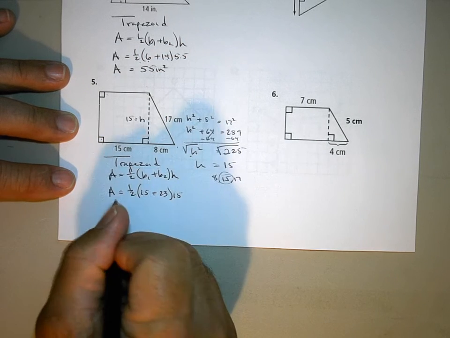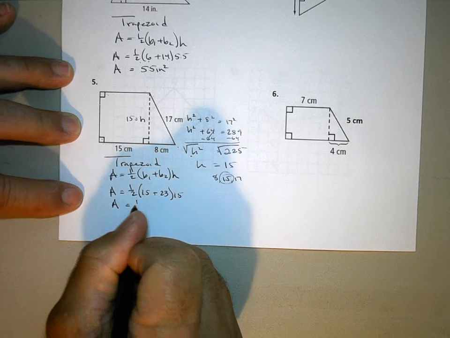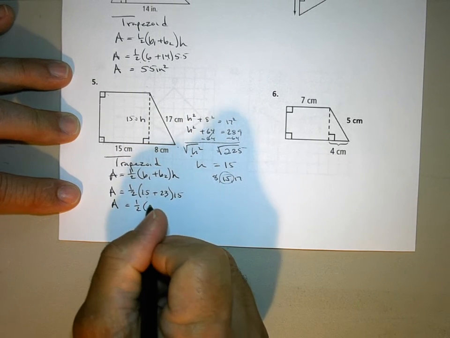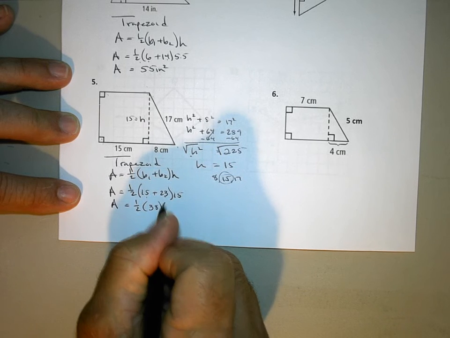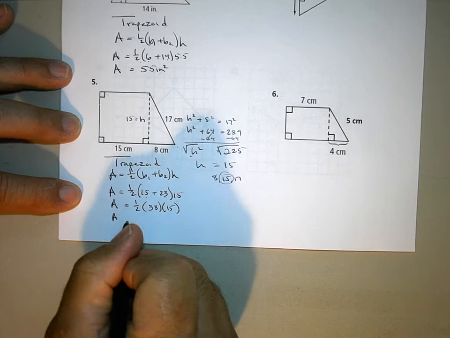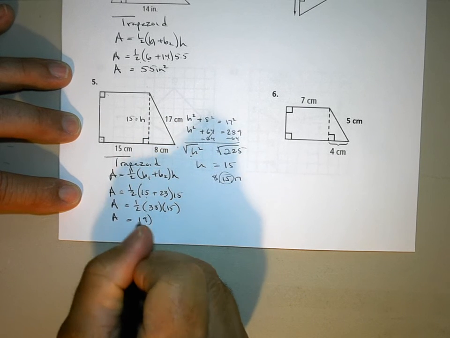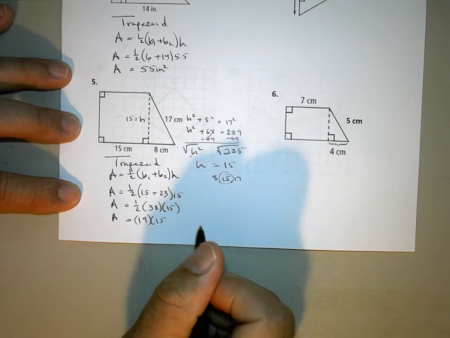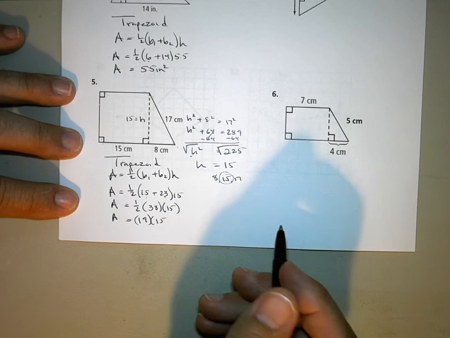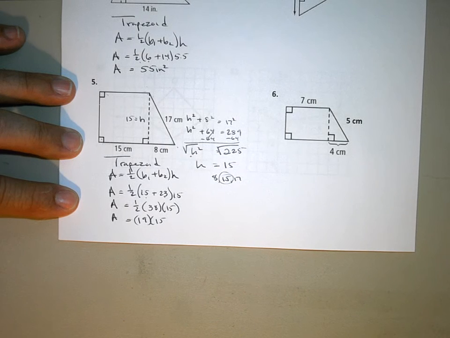Okay, so we get area equals 1/2 times 23 plus 15, which is 38, times 15. Half of 38 is 19. And 19 times 15, what is that? 285, excuse me, 285.